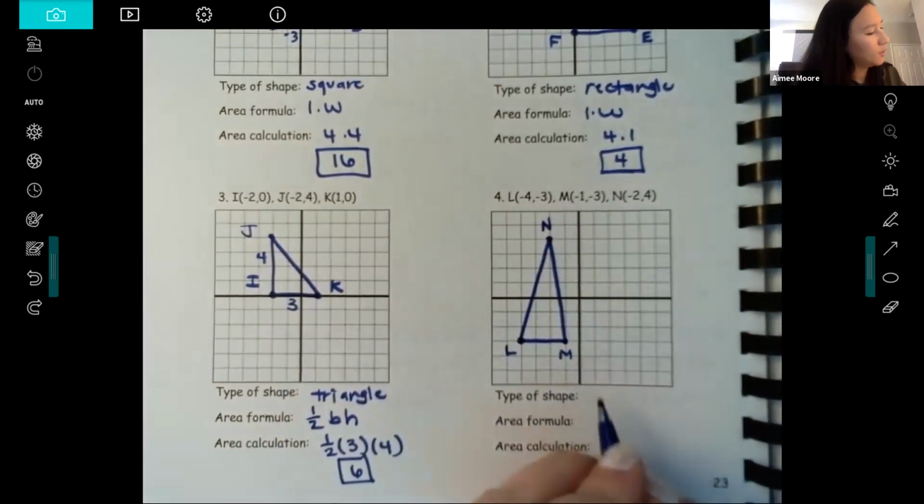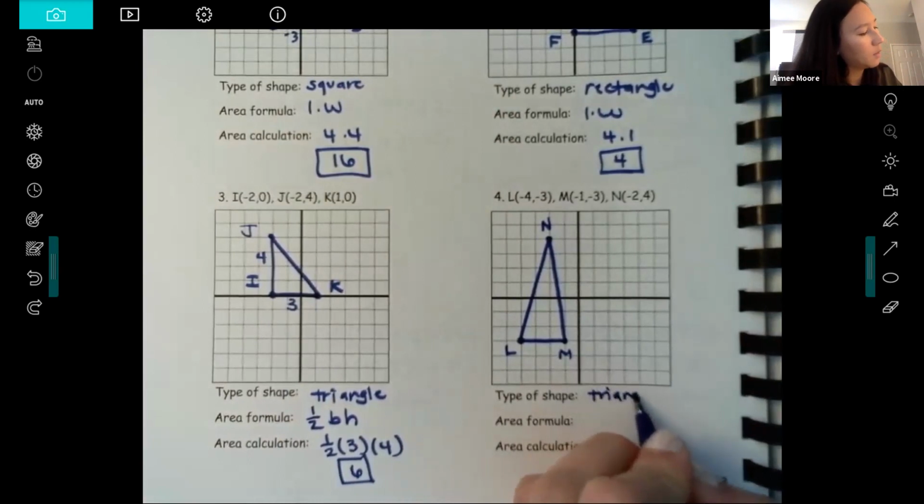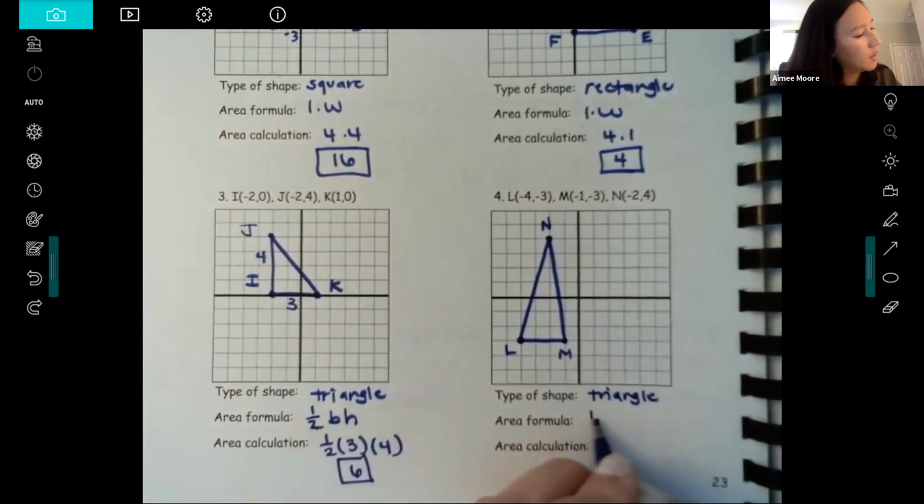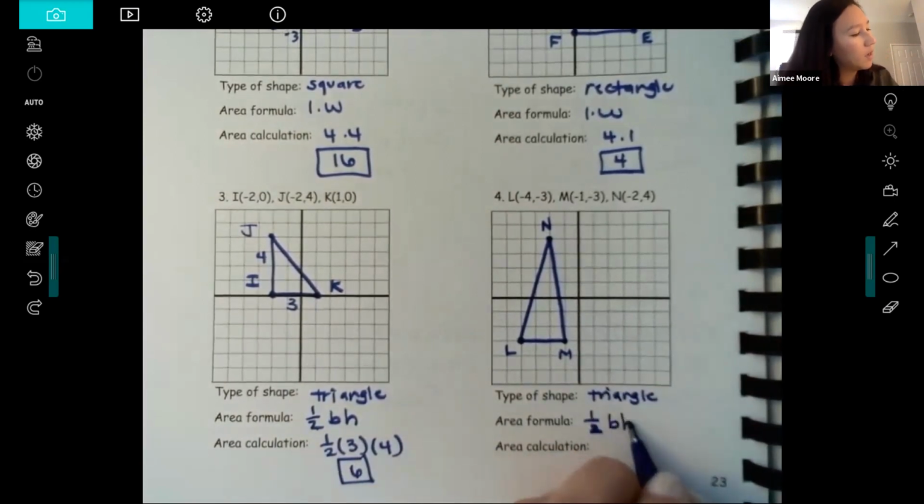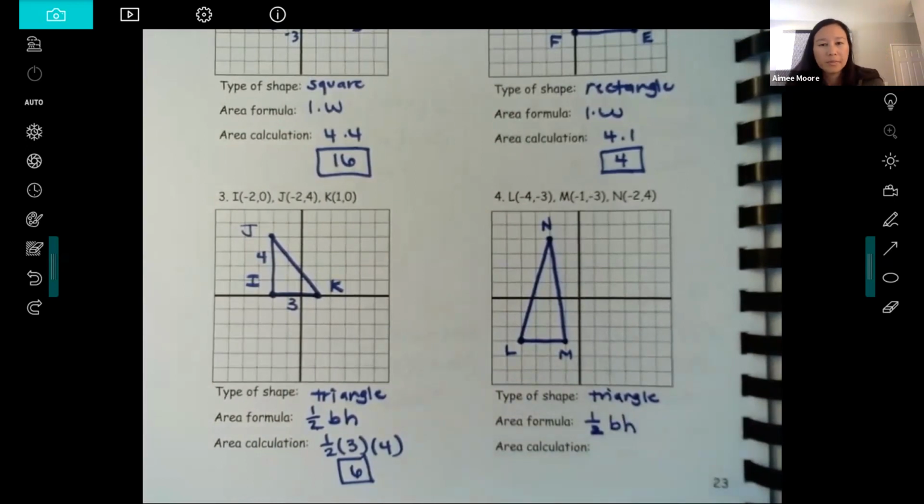So clearly that's a triangle. And so we'll use the same formula used on number 3, which was also a triangle. So you do half of the base times the height.